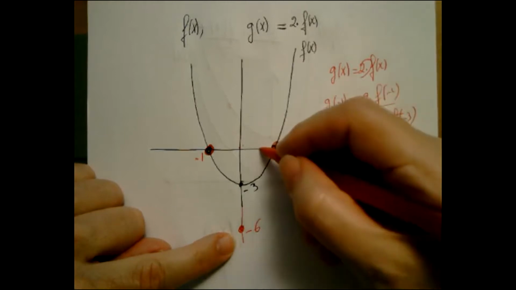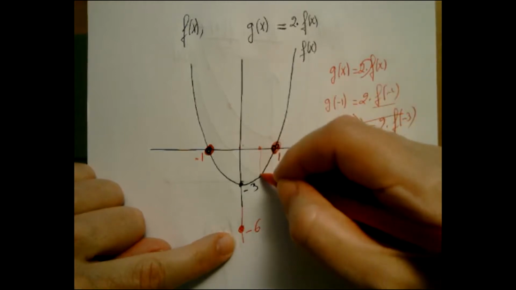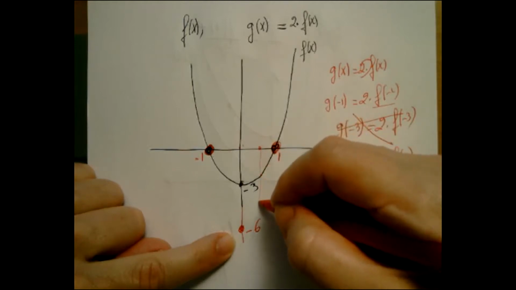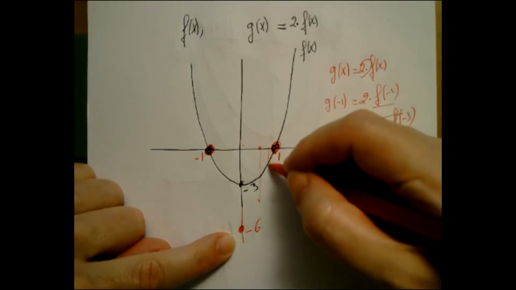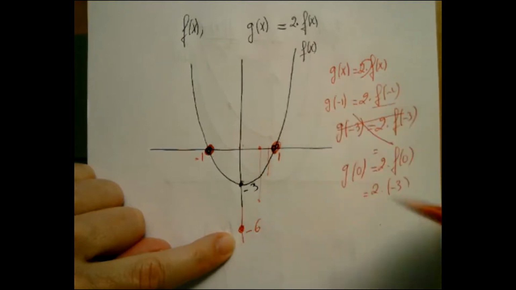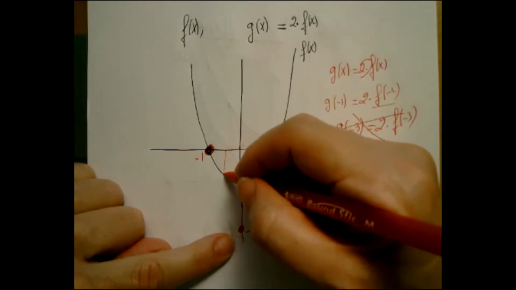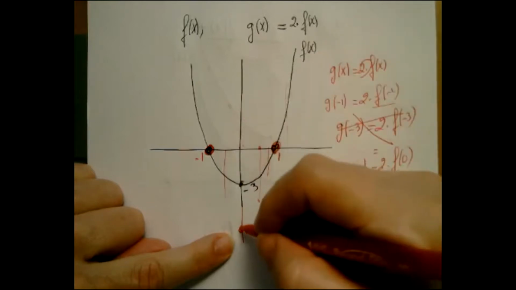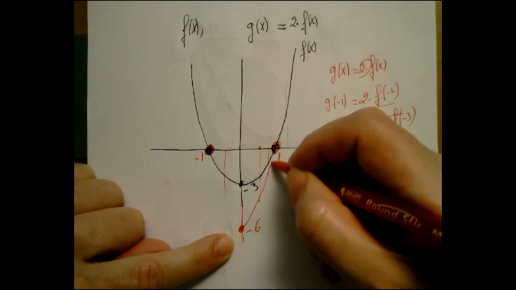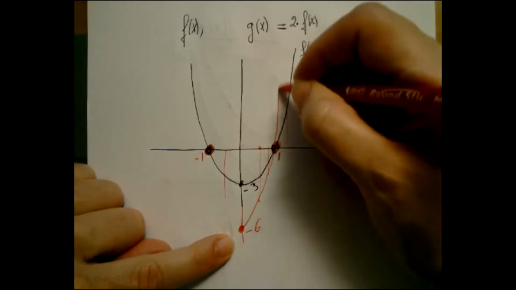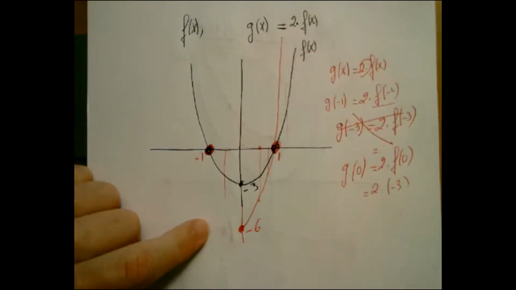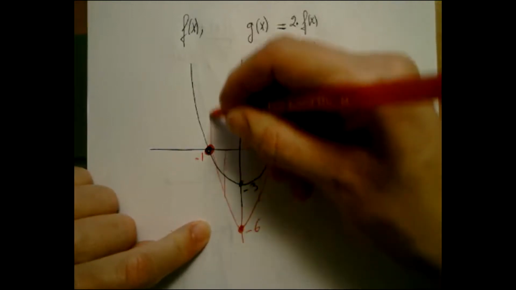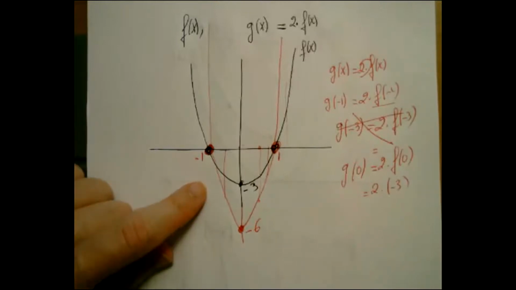And now the whole thing: whatever f takes, g is going to stretch it by 2. It's stretching this time because it's multiplying by 2. My g at 0 is at minus 6, and everything else is being stretched like that.